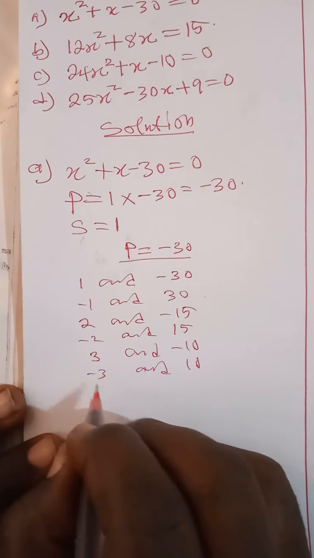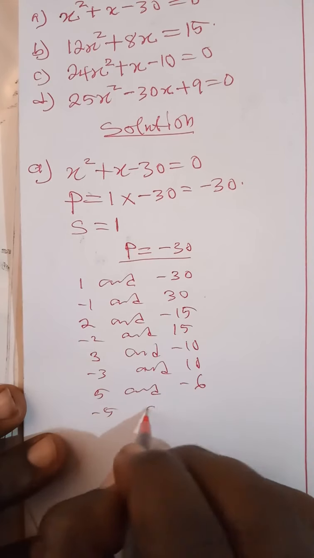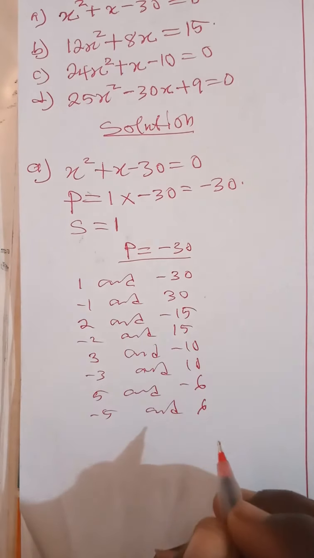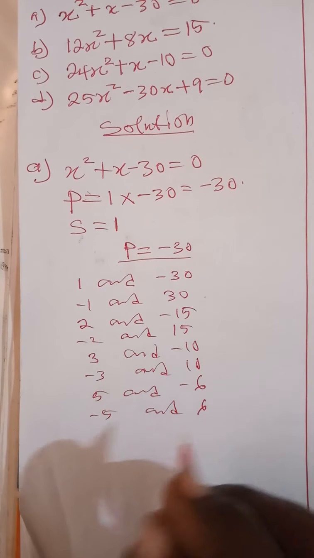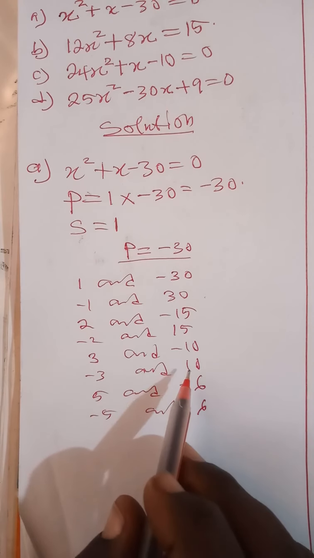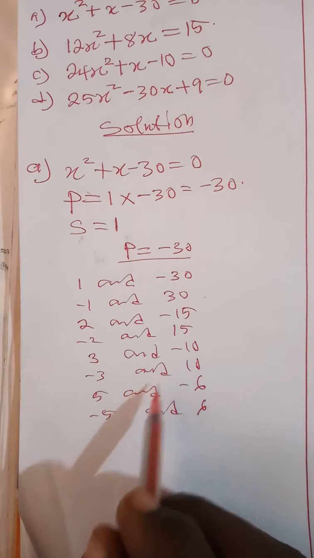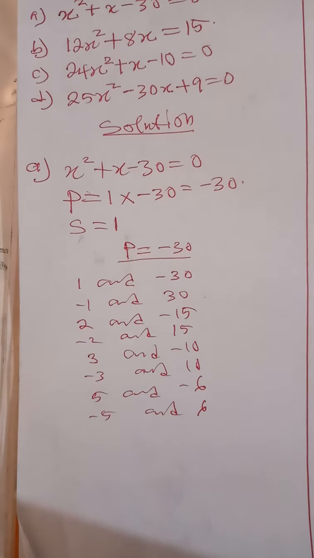I take 5 and minus 6, or minus 5 and 6. Okay, then what again? 7, no, 8, 9, 10, I've used 10 already. 11, 12, 13, 14, 15, I've used 15 already, and so on. So I've exhausted all the factors up to 30, no more factors.